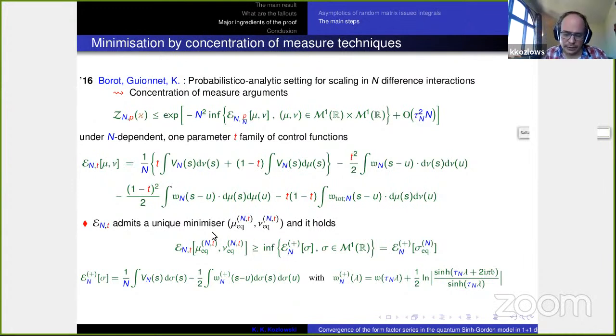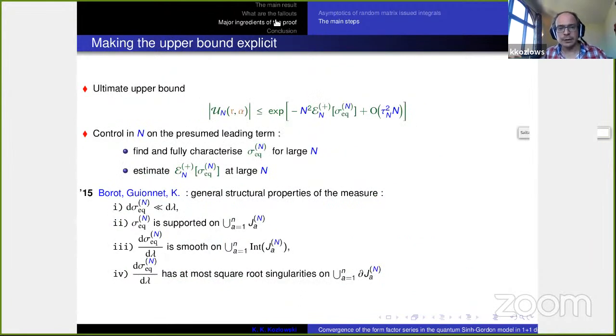You can lower bound this functional by yet another functional, which now just depends on one probability measure. And basically what you get is that the n-fold integral is bounded by e to the minus n squared times some n-dependent functional on the space of probability measures on R evaluated at its minimizer.